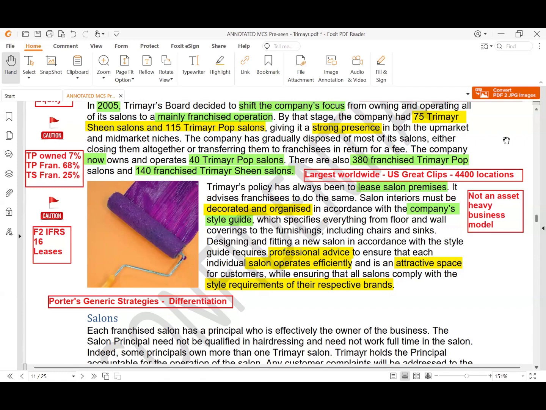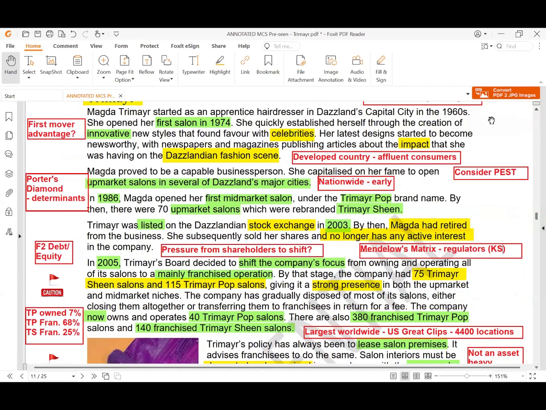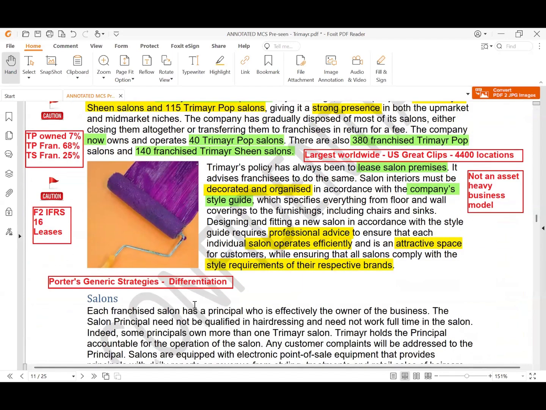I would be very impressed with a student who, if we get the right type of question, mentioned that this company existed from the off on Magda's say-so, on the basis of determinants, factors and reasons that came together to drive this industry. I would also be very impressed with a student that made the point, if it were relevant in the question, that clearly this company is a differentiator a la Porter's Generic Strategies.